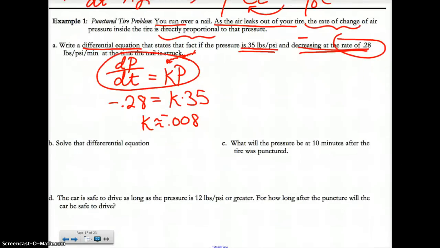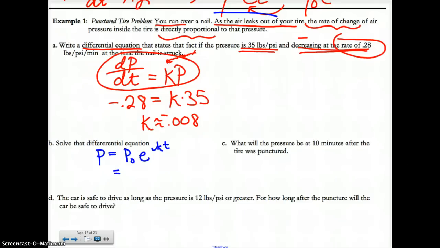Now, when it says to solve that differential equation, if you've got the model memorized, you can simply use it. You can simply say my pressure is going to be equal to the pressure that I started with times e to the kt. Well, what pressure did I start at? That's what you need to figure out here, the starting pressure.